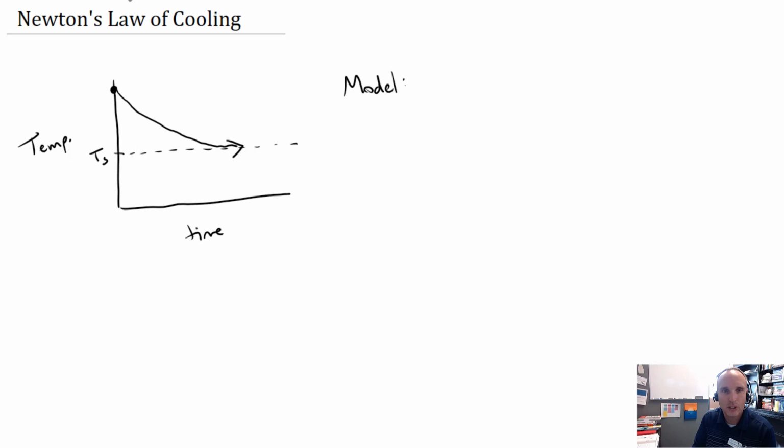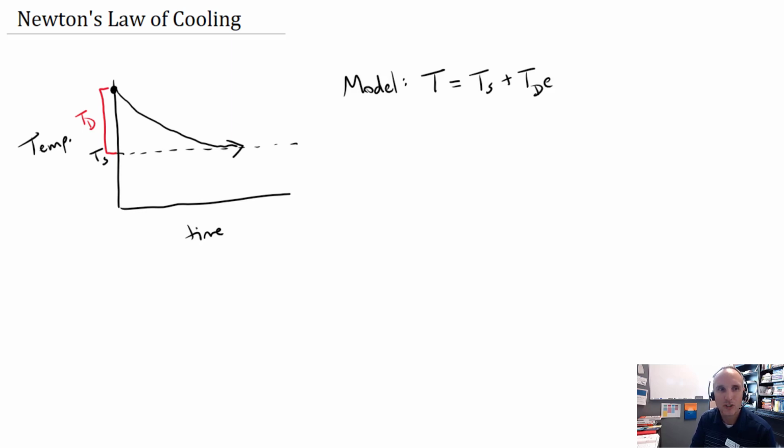Well, Newton's law of cooling says that the temperature of the object, capital T, is going to be the temperature of the surroundings, which we can see in our graph here, plus the difference between the object temperature and the surrounding temperature, T sub D, times e to the k times t.